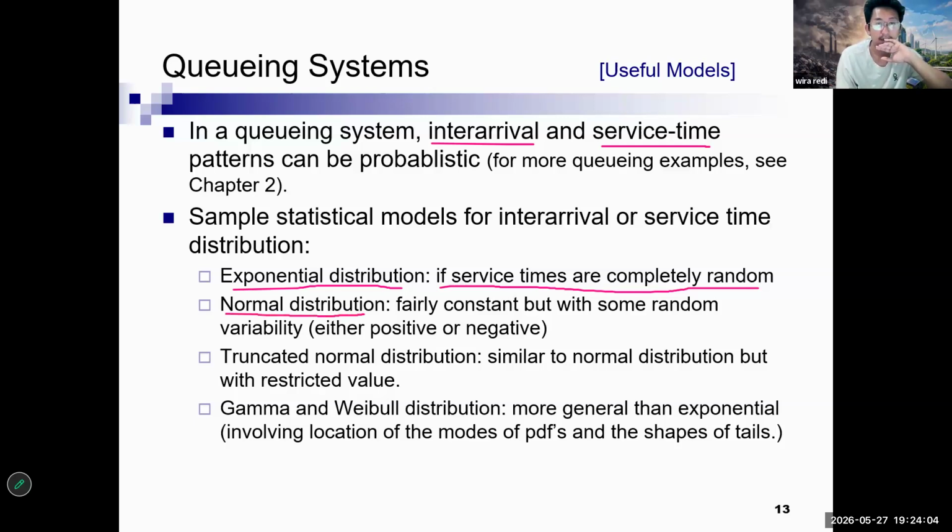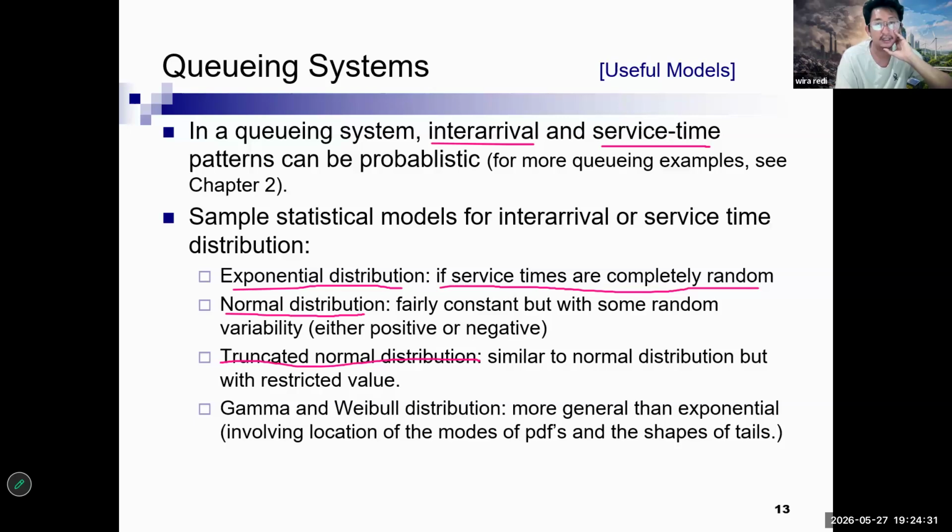And then, service time cannot be negative. Sometimes it's like that, right? Service time cannot be negative because it's either zero, meaning no service time at all, or it goes positive. So a truncated normal distribution would be more appropriate.